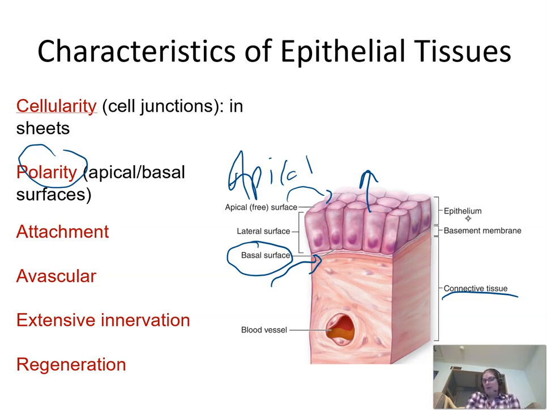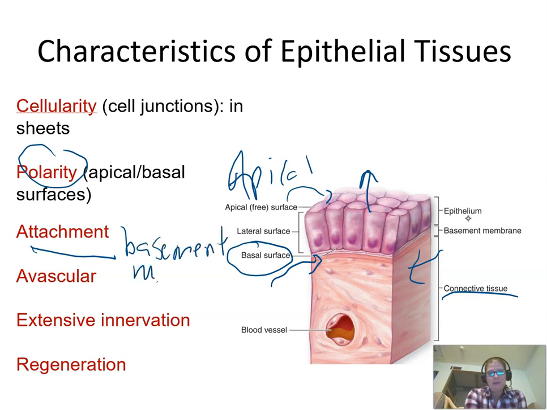Or the top. There's nothing there. The basal surface will always have something underneath it, because that's where it attaches to connective tissue. And the way it attaches is through something called a basement membrane.